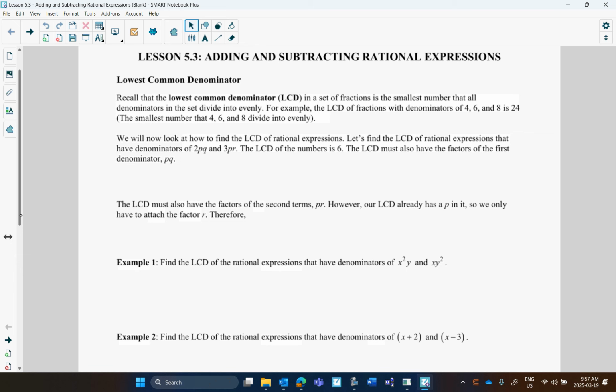If it was just xy, would this go into it? No, because there's not enough x's. So what do I need for this to go into it? I need an x squared. So this goes into it, but now this doesn't go into it. What do I need so that this also goes into it? A y squared.